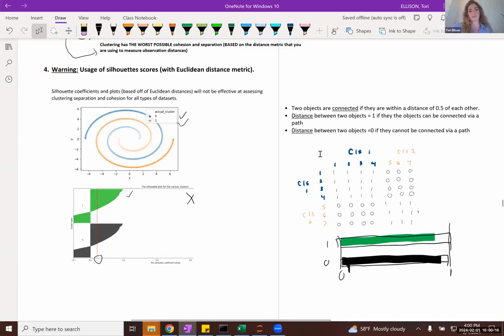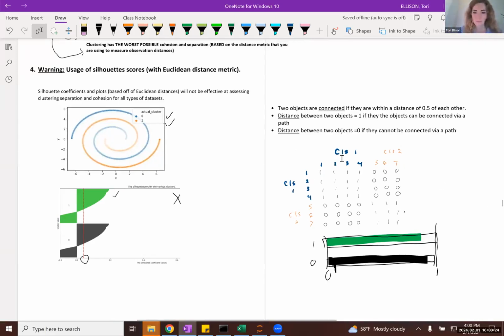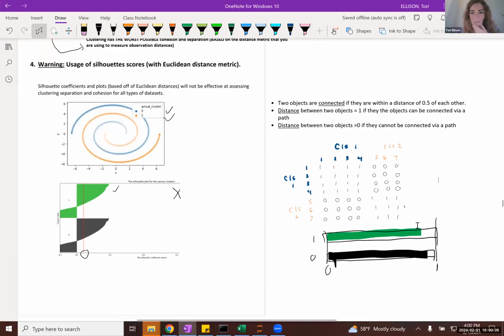Actually, let me switch this around, let's turn this to a 0 and this to 1, because it's a little more effective, since we want this to be a similarity-based proximity measure.